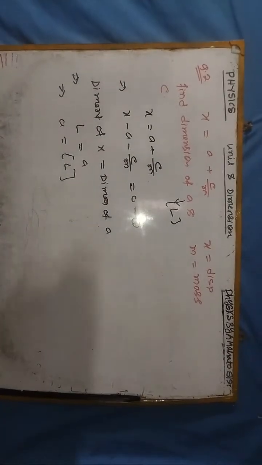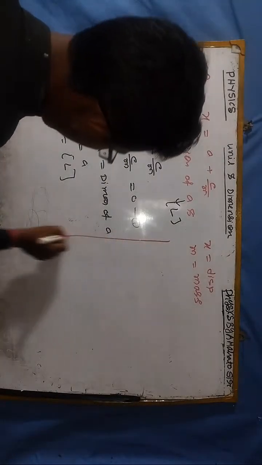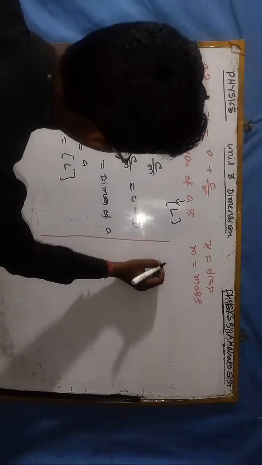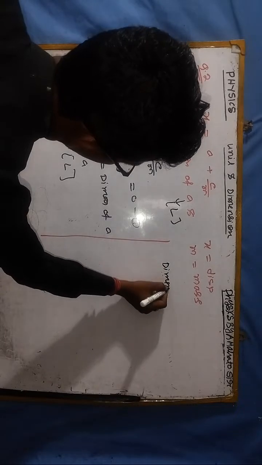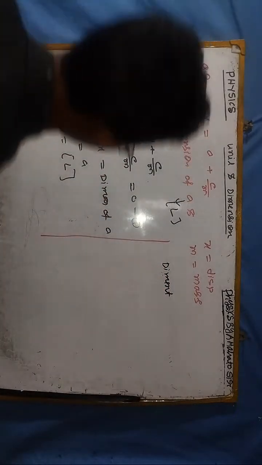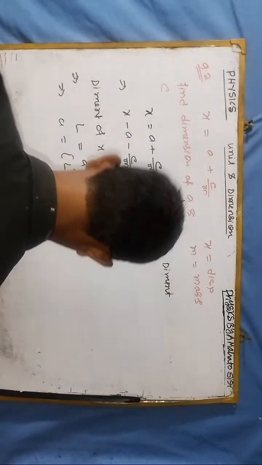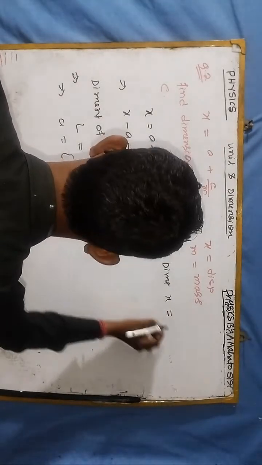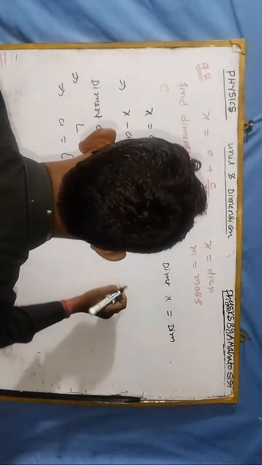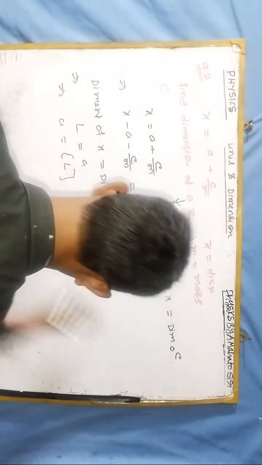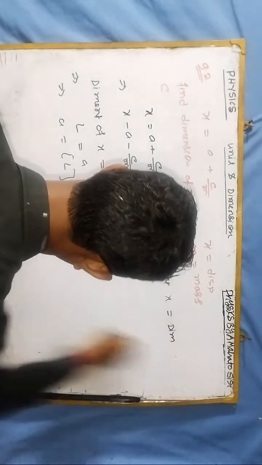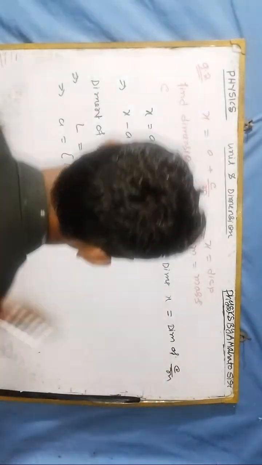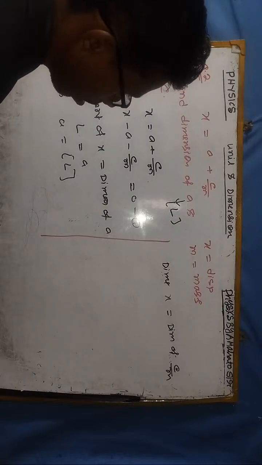Second, the dimension of x equals the dimension of c by m.